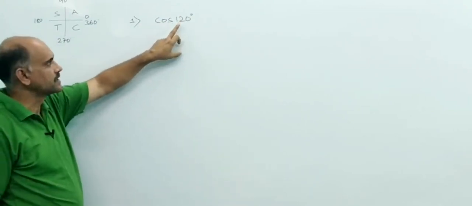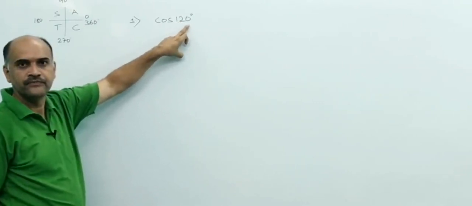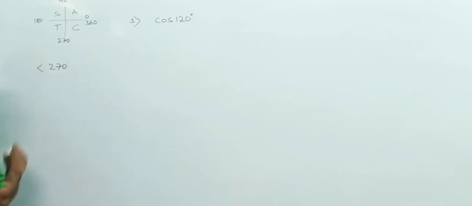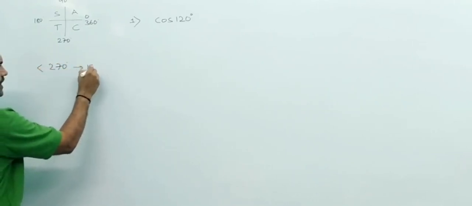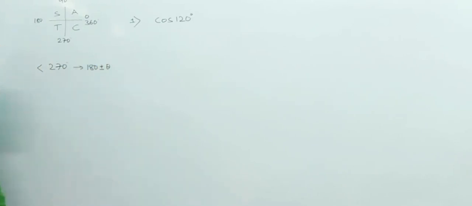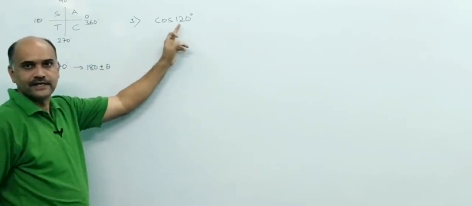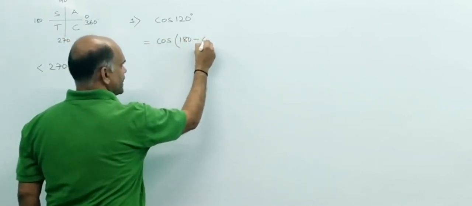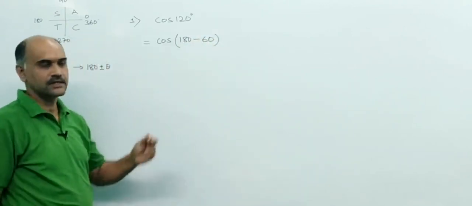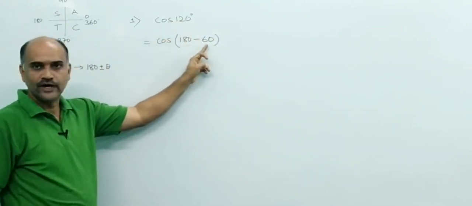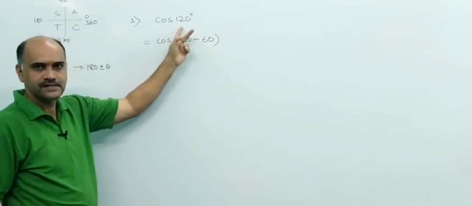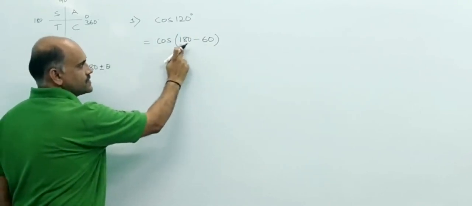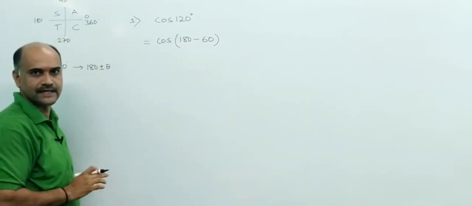Now first step, if you see this 120, it is less than 270. So you should write it as 180 plus or minus theta. So 120, I will write it as cos of 180 minus 60. Correct? 180 minus 60 is 120. In the next step, you leave this 180, you neglect it.